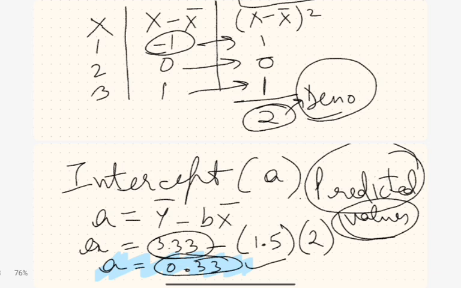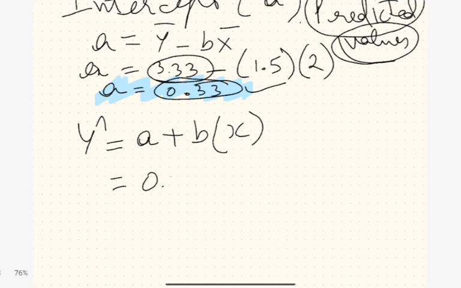Actual data we already have, but we are going to find the predicted values as well, so that we can compare the prediction with the actual values and find out the residual errors. And as I told you, the line of best fit tries to minimize the residuals, right? So y equals a, the intercept, which is 0.33, plus 1.5, the slope, times x.